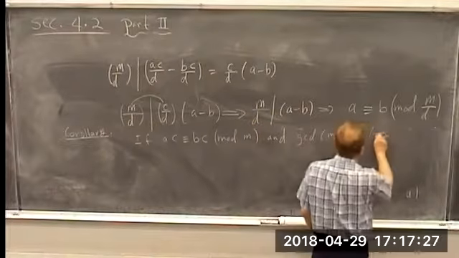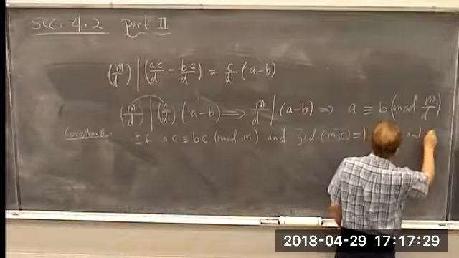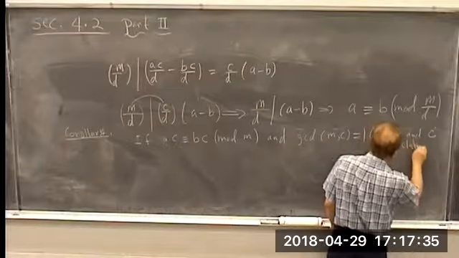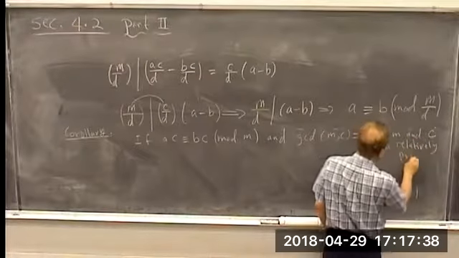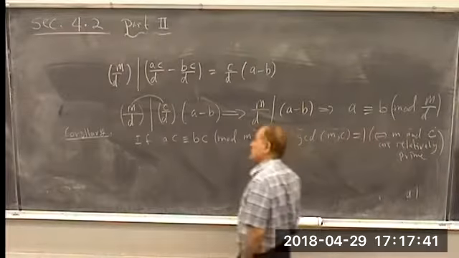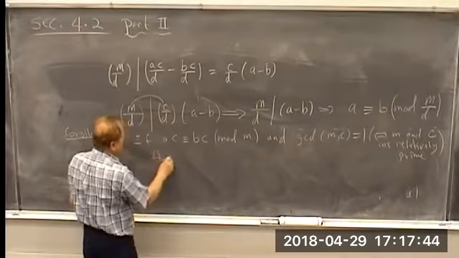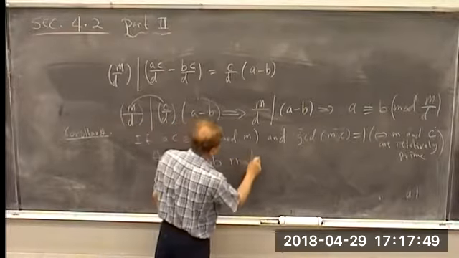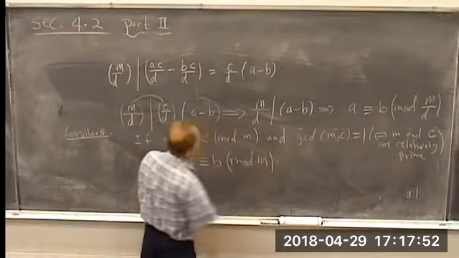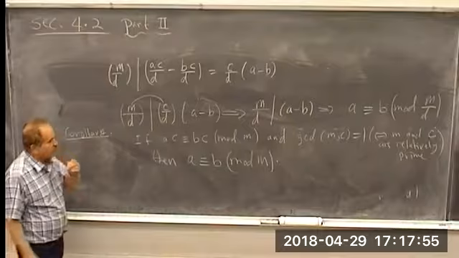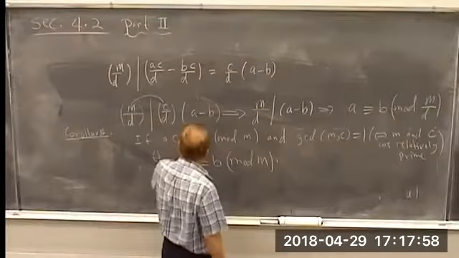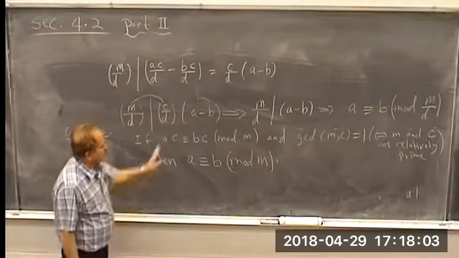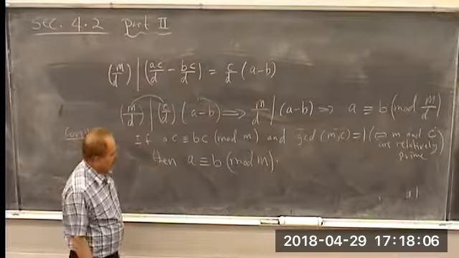Okay, so this is equivalent: M and C are relatively prime. Then we can just divide like we do with equalities. Then A is congruent to B mod M. All right? So you can just divide. So this only happens if this multiple C has nothing to do with the M. Greatest common divisor is equal to 1.